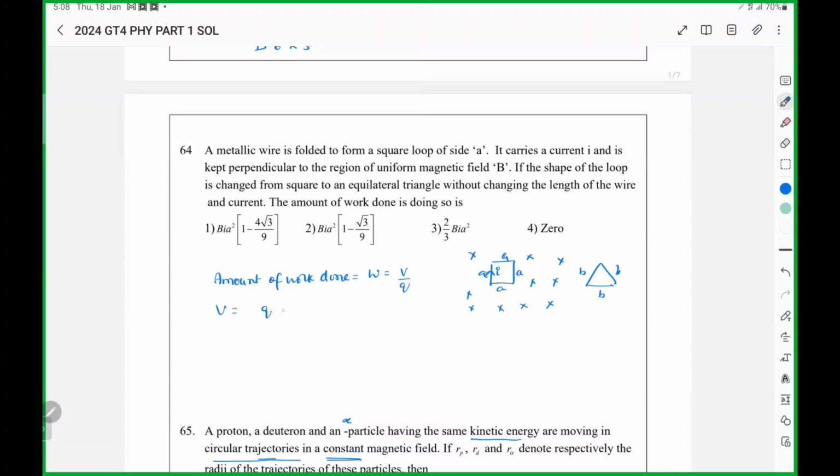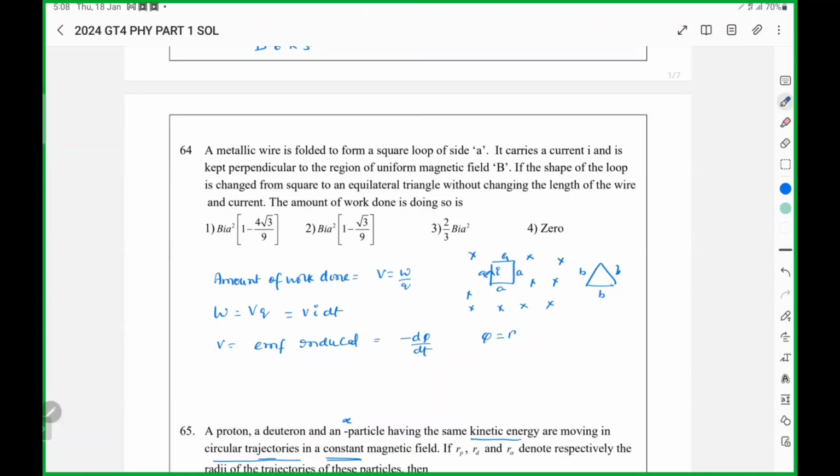Here, work done W is V I for a small interval of time. V is nothing but the induced EMF, which is minus d phi by dt.